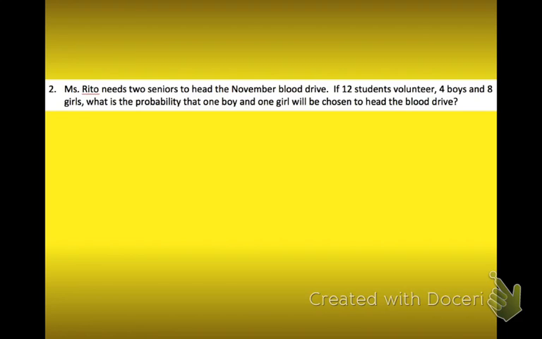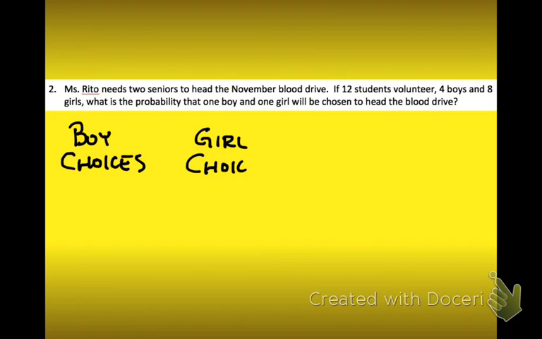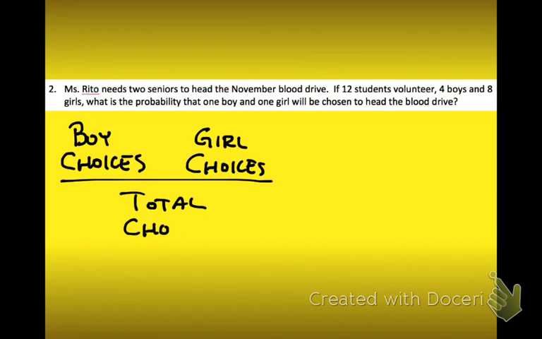You're going to need to find the number of boy choices, and then you're going to need to find the number of girl choices. And then on the bottom, you're going to need the total choices. We are going to go over that in class tomorrow, so pause the video, give that a try on your own.